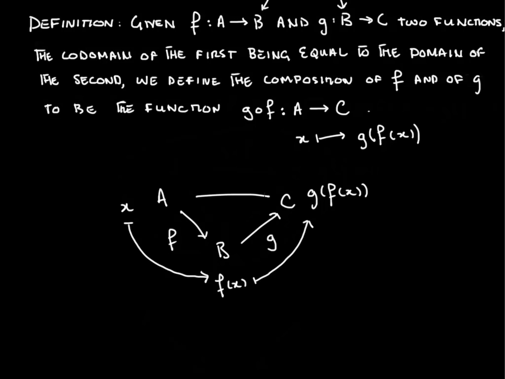What the function composition, g circle f, does is it takes all of the elements x that are in A and sends them directly to g of f of x. So it does the work of f and g in one step.